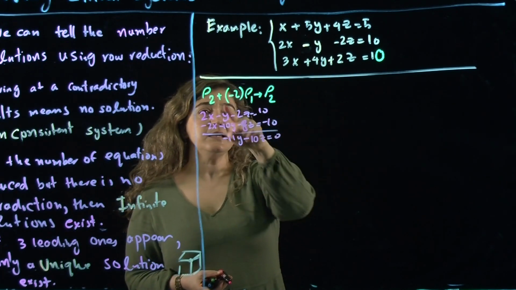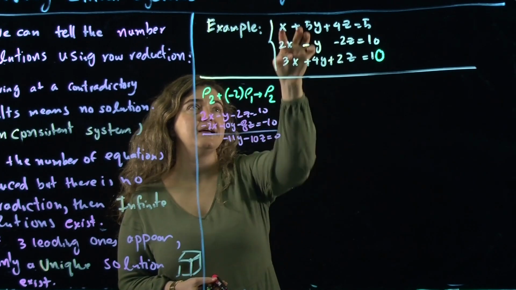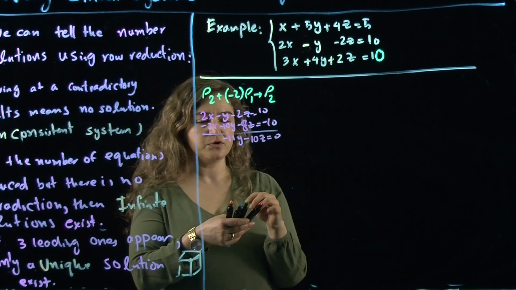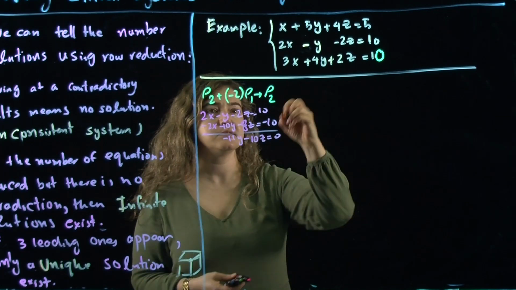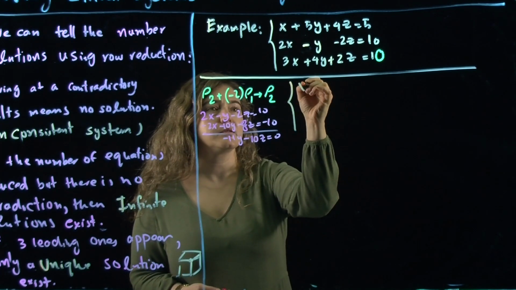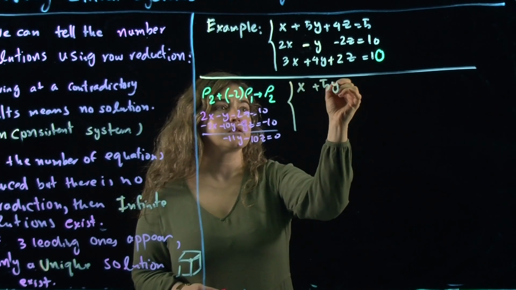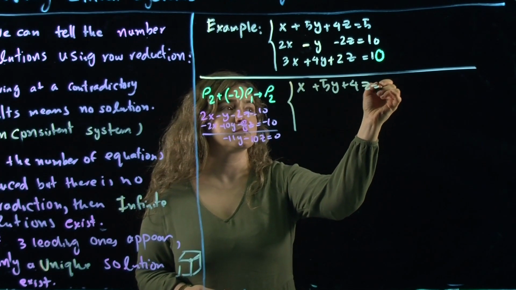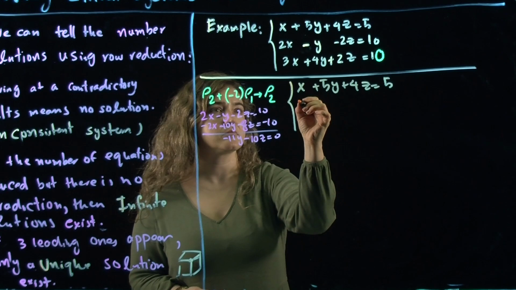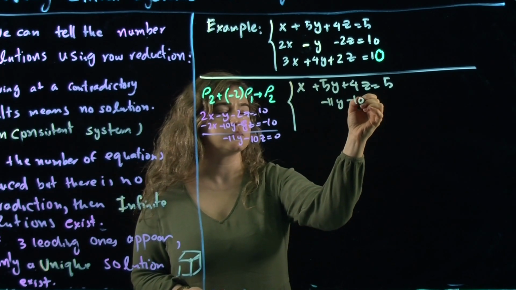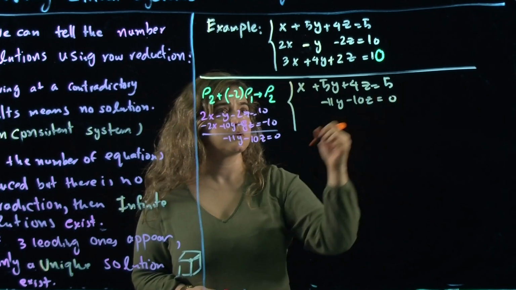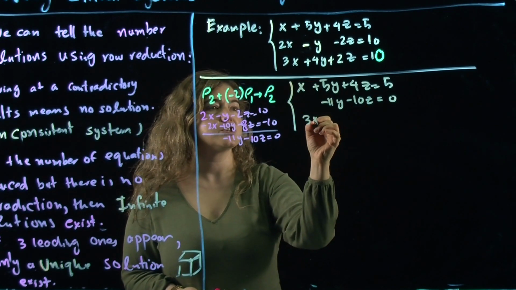Now, replacing row 2 with that and not changing row 1 and row 3, we get this system. Row 2, and row 3 unchanged.